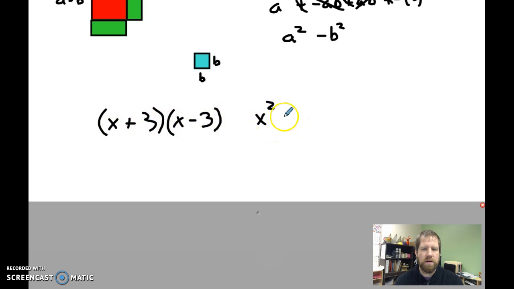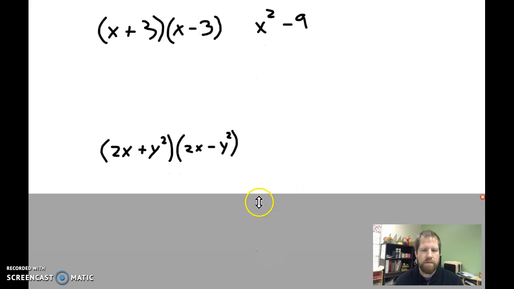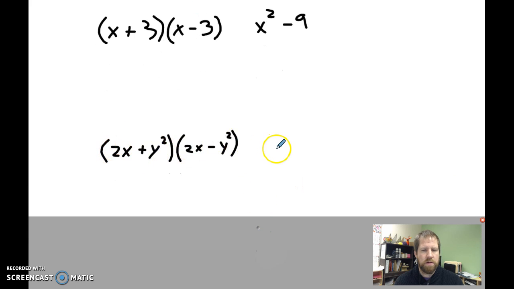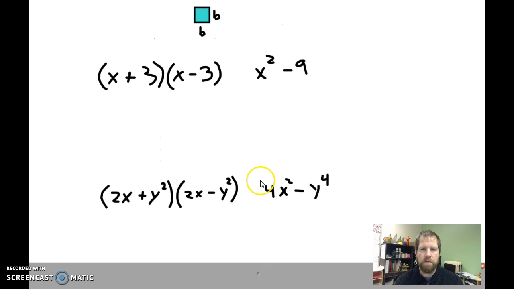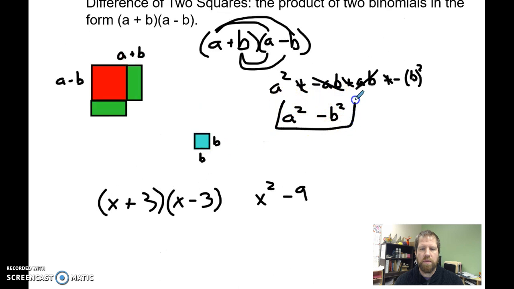In this case, x squared minus 9. Then 2x times 2x is 4x squared, minus y squared times y squared is y to the 4th. So whenever you see that setup, a squared minus b squared is the formula you're going to use.